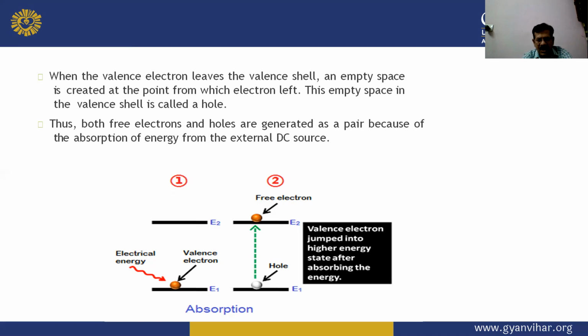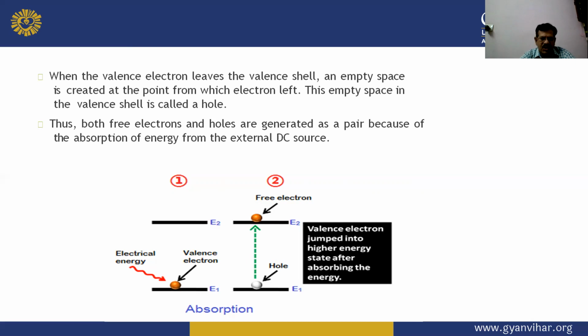The free electron is in the E2 high energy state, and the holes are at the E1 level. So the valence electron jumps into the higher energy state after absorbing the energy.